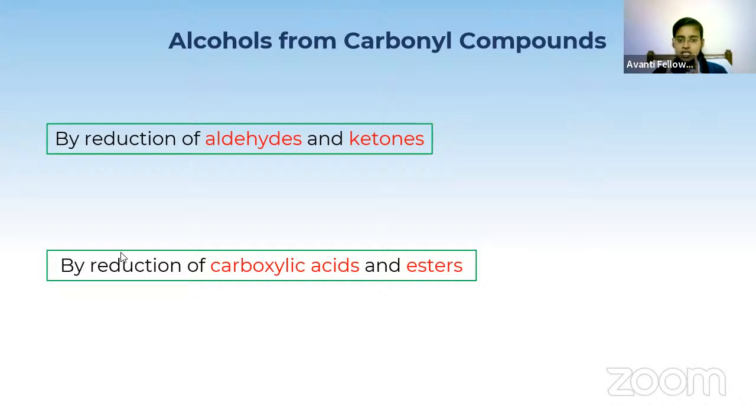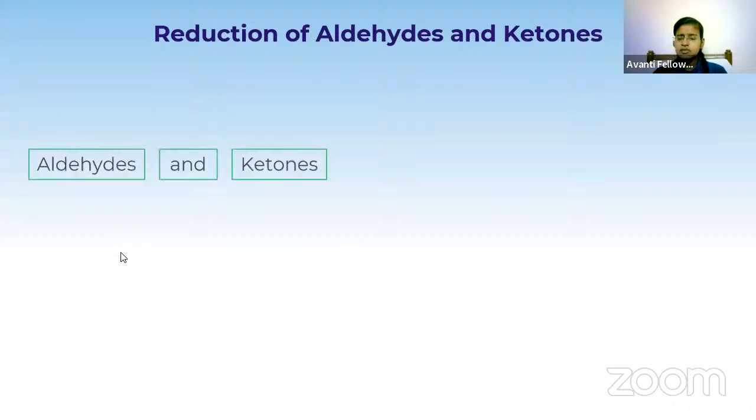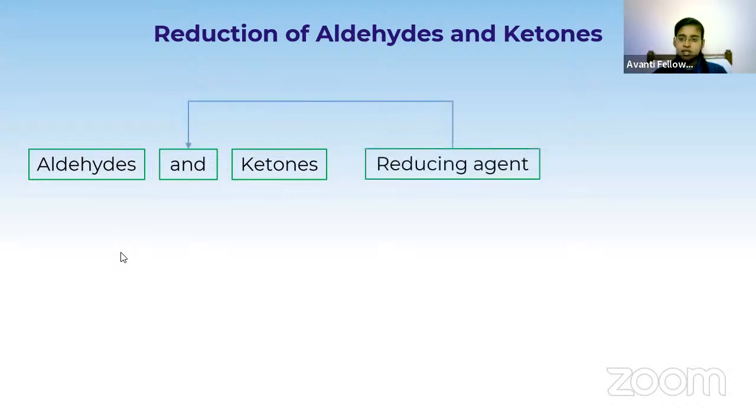First let me go ahead with the reduction of aldehydes and ketones. If aldehydes and ketones want to undergo reduction, we have to give the reducing agent to them. Then only they will undergo the reduction process and be converted to alcohols.